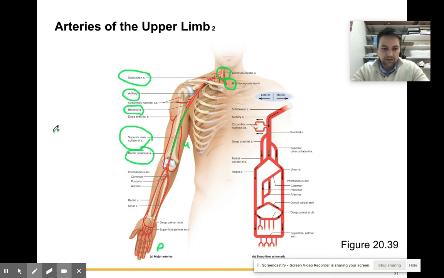So the ulnar artery will always be on the pinky side. Just remember the word up, and you'll remember that. The radial collateral artery, which feeds the radius, is going to be on the thumb side. It's always going to be on the opposite side. And here you have your radial and ulnar arteries continued, as they go down.